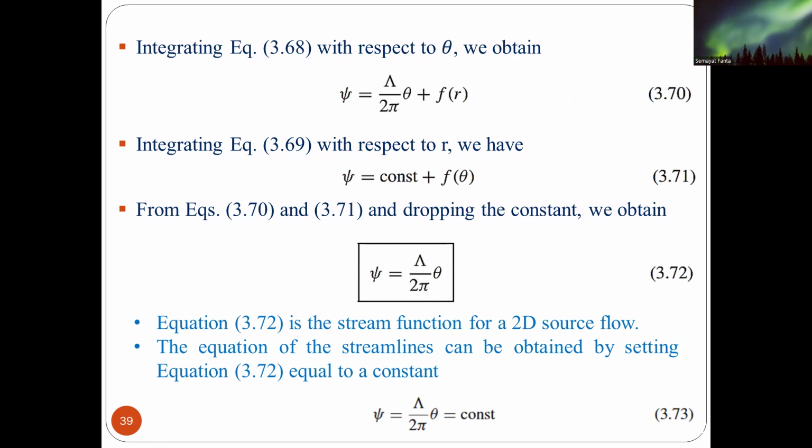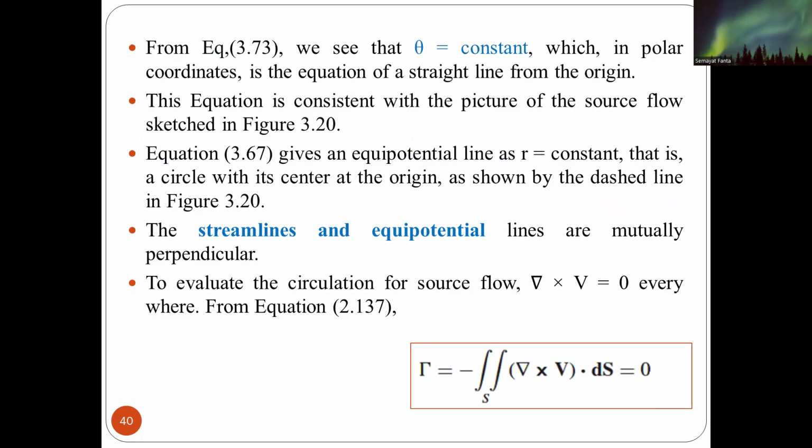So ψ is equal to the source strength divided by 2π times θ, which is equal to a constant. In this equation 373, we see that θ is constant, which in polar coordinates is the equation of a straight line from the origin.